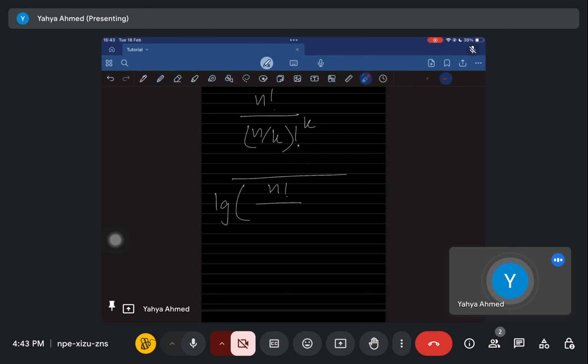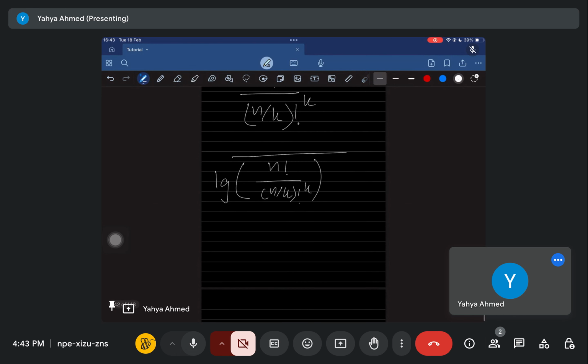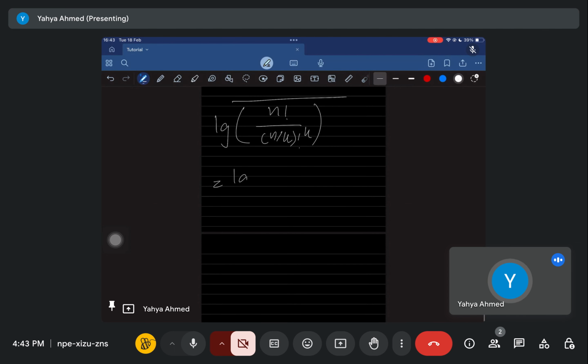So that becomes your denominator. So now our expression becomes n factorial upon n divided by k factorial power k. Okay? And this becomes log of n factorial minus log of n upon k factorial to the power k.